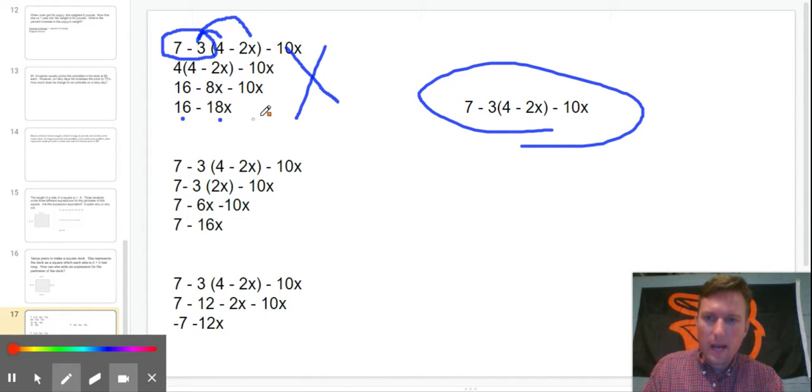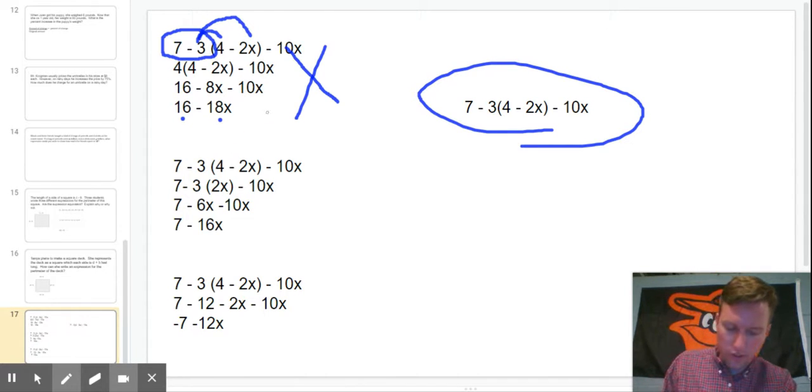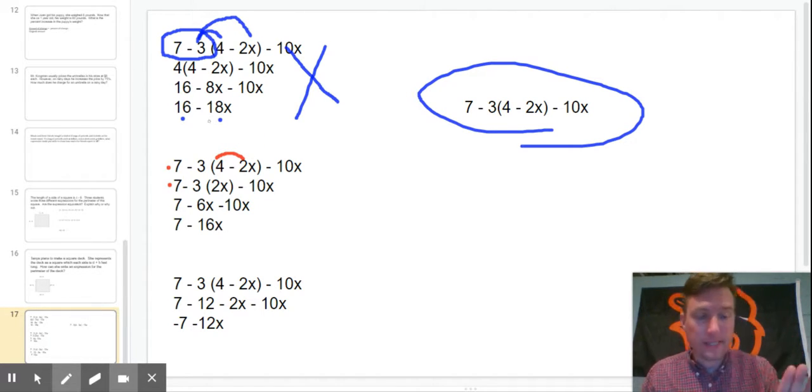Same equation. Let's see how this person solved it. It looks like 7 minus 3 times 4 minus 2x minus 10x. Okay, looks like the first step going from the original expression to the second step is they combined this 4 minus 2x, which is great because that's where we want to start. We want to start in the parentheses.